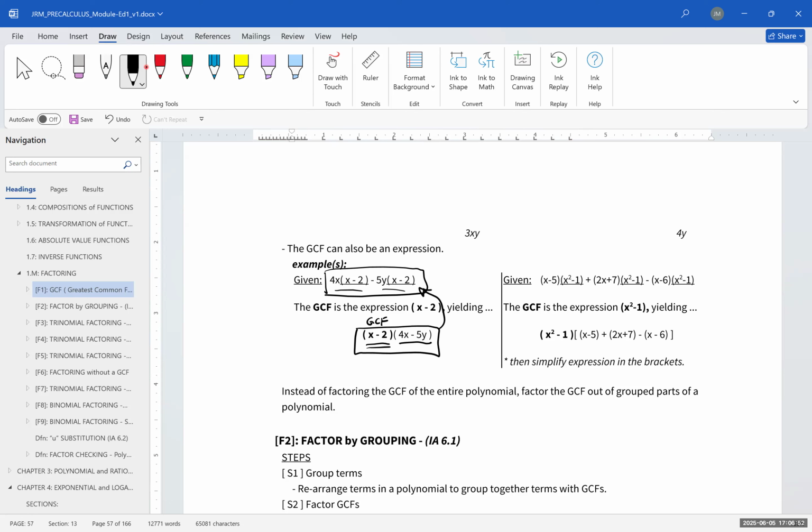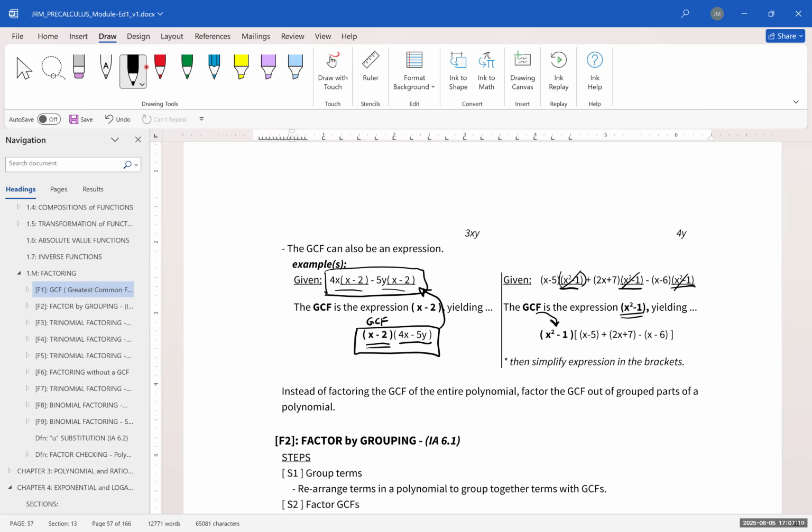And I've got what looks like a more complicated example. So what we have here is a somewhat factored polynomial where each term has (x squared minus 1) in it. So if we factored out this (x squared minus 1) out of each term, that becomes our greatest common factor.